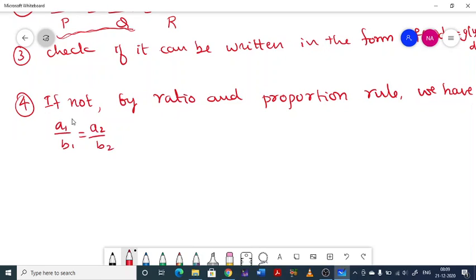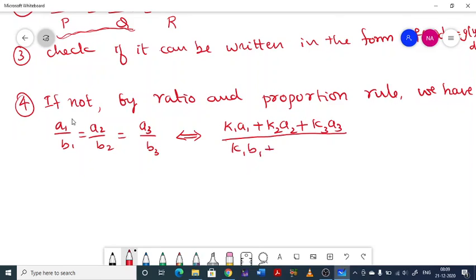Three ratios are given which are equal. a1 by b1 equal to a2 by b2 equal to a3 by b3. This is equivalent to k1 a1 plus k2 a2 plus k3 a3 divided by k1 b1 plus k2 b2 plus k3 b3. So this is the rule of ratio and proportion.